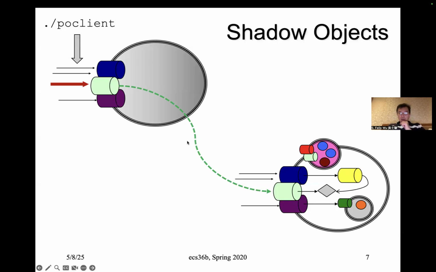All right, so let's look at the idea. I have a client and the server. The idea of a shadow object is that my real goal is to try to access this object. If I don't have this particular circle over here, I write a program called RO client, and the RO client uses remote procedure call to directly call the RO server.